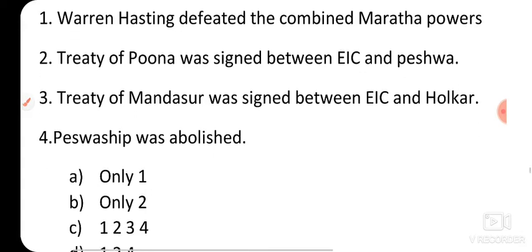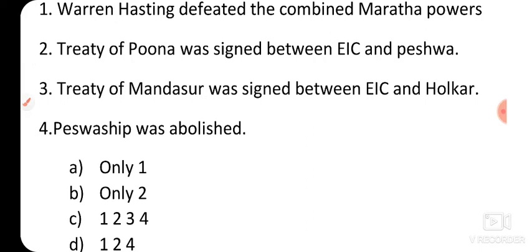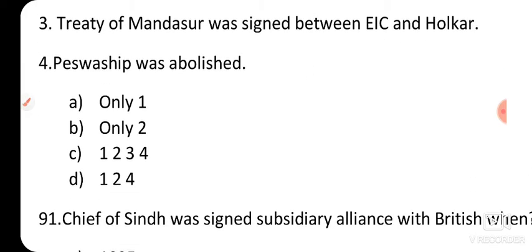And statement 4 is Peshwaship was abolished. So which one of the above statements are correct? Option A, only 1. Option B, only 2. Option C, 1, 2, 3, 4. And option D, 1, 2 and 4. So the correct answer is option C, 1, 2, 3, 4.